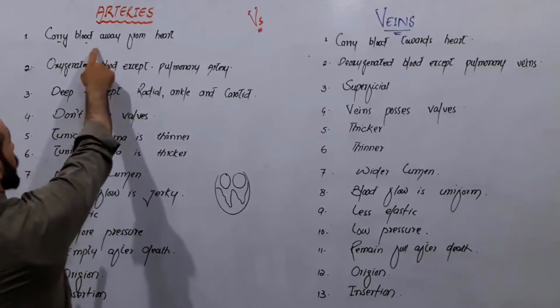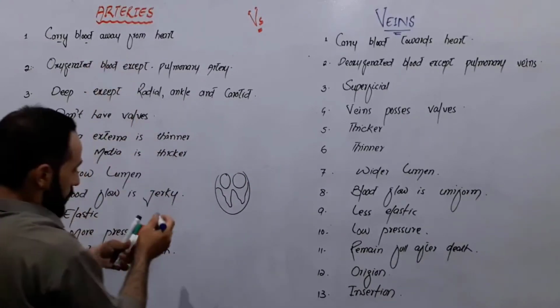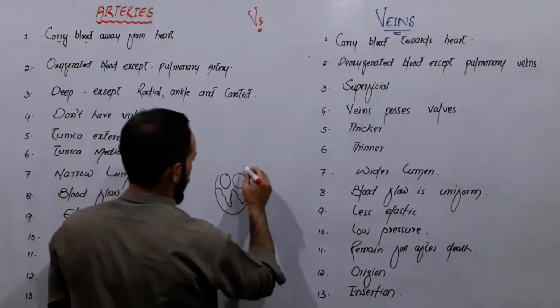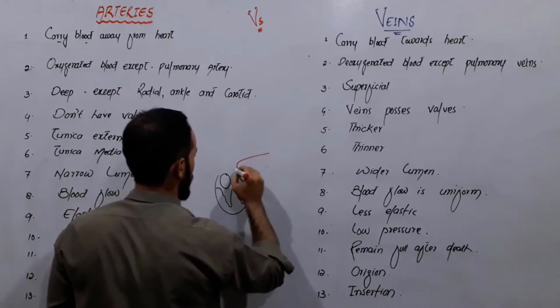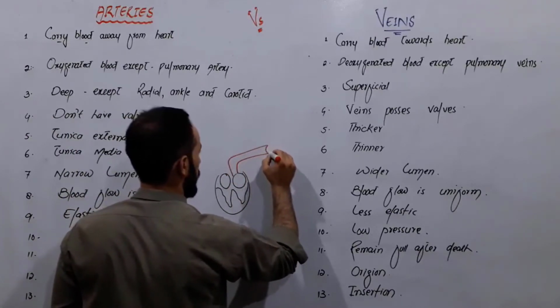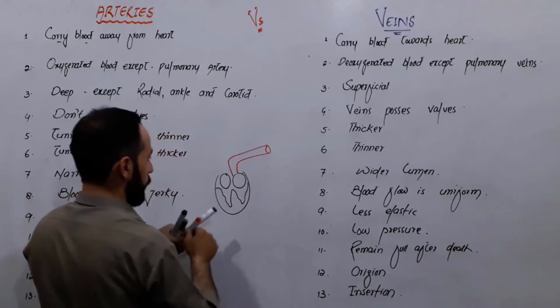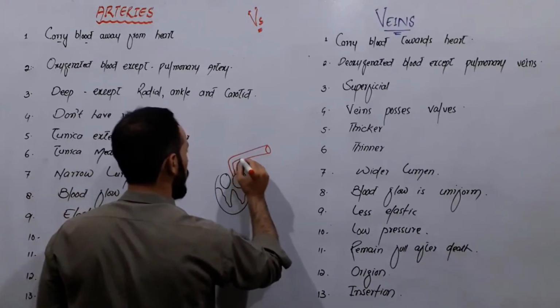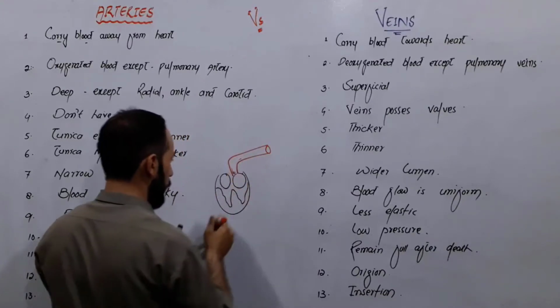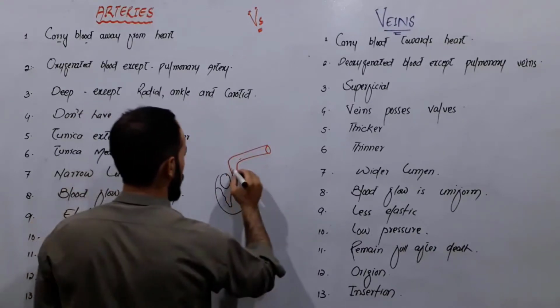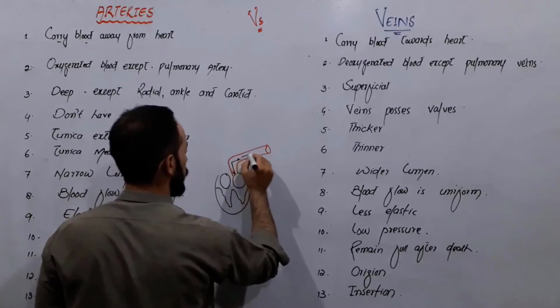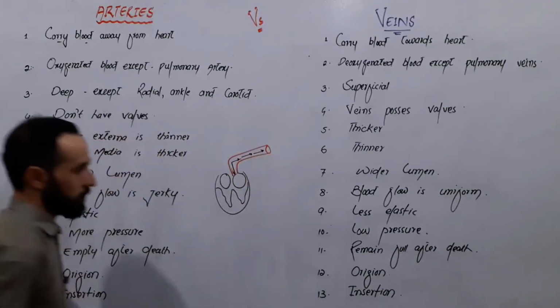So arteries are those blood vessels which take the blood away from the heart. Yes, this is our artery, right? So blood is flowing from the heart towards the body in arteries, right?